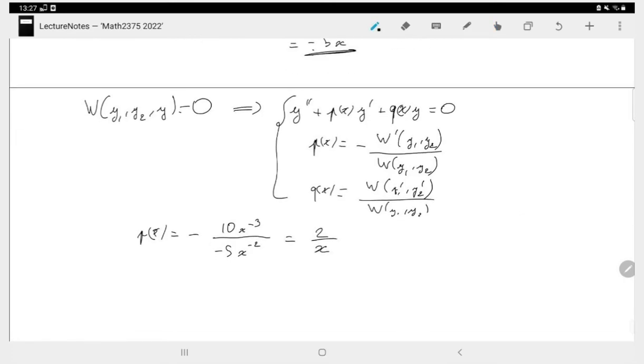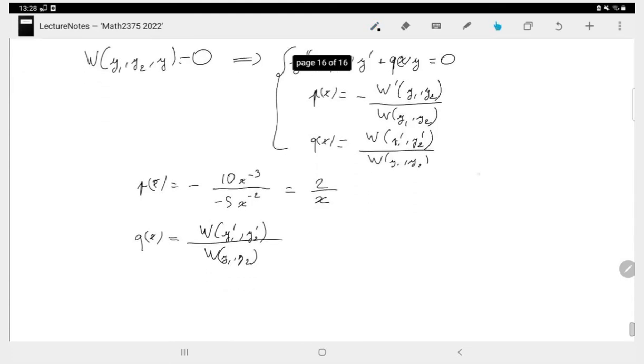And our q of x is going to be more complicated as usual because of the presence of our Wronskian of differentiated quantities. So y1, y2, and so we need to calculate this secondary Wronskian first.